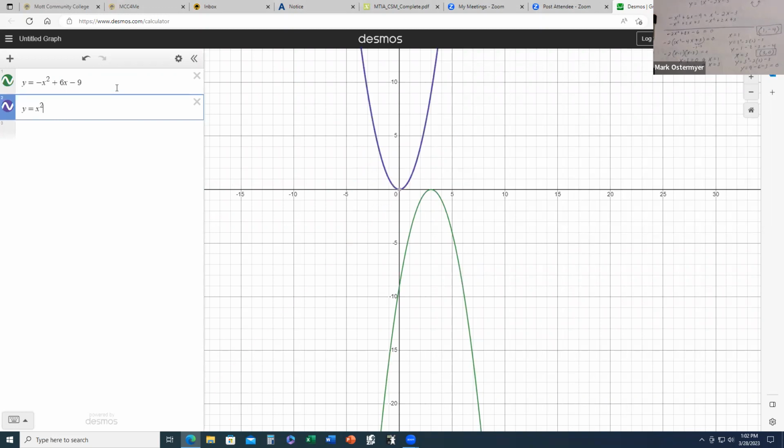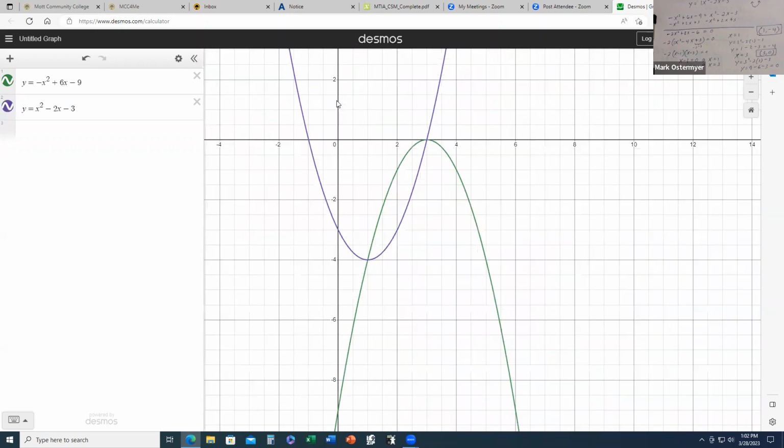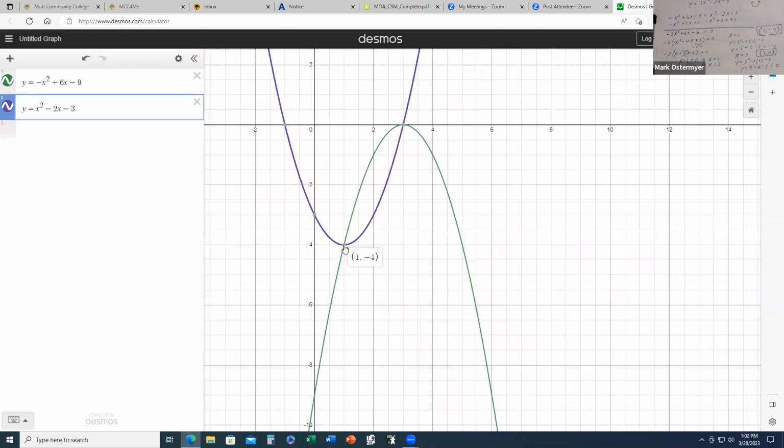And here comes the second one. And you can see that it does appear these graphs intersect at two points: (1, negative 4) and (3, 0).